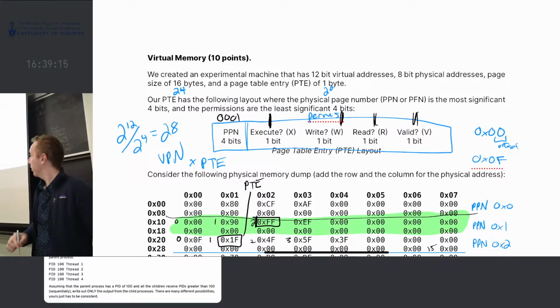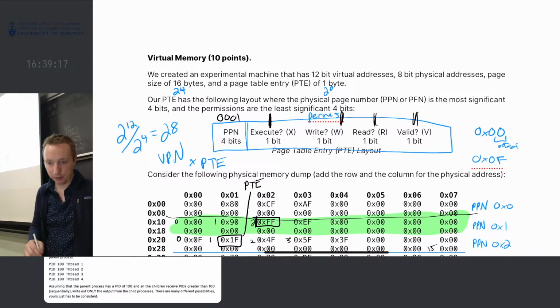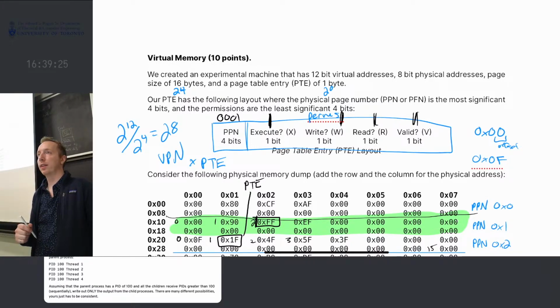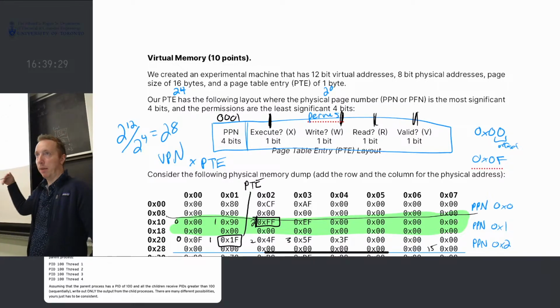All right, any other questions? Someone pasted a question that looks real fun. What kind of answer would have caused the page fault here? So a page fault would just happen if at any stage in the lookup, the valid bit was 0.